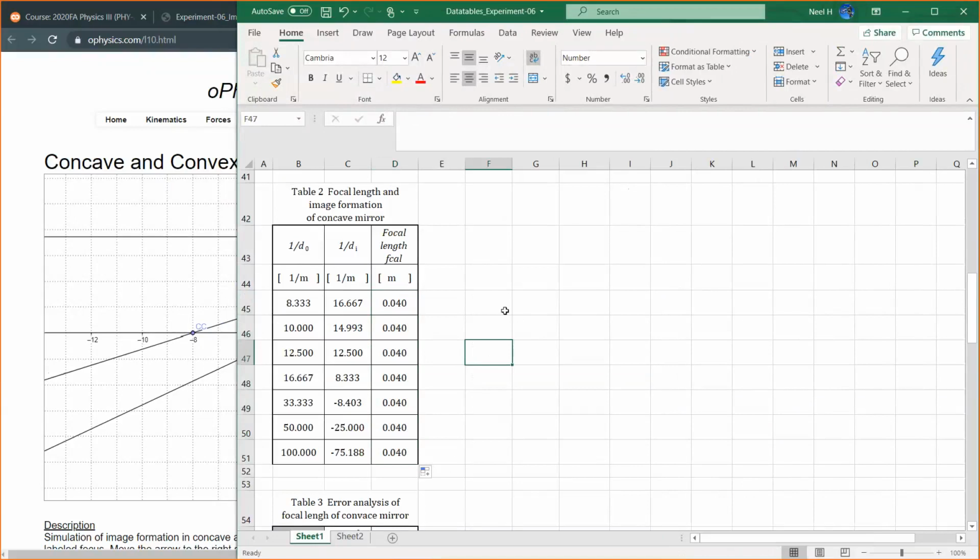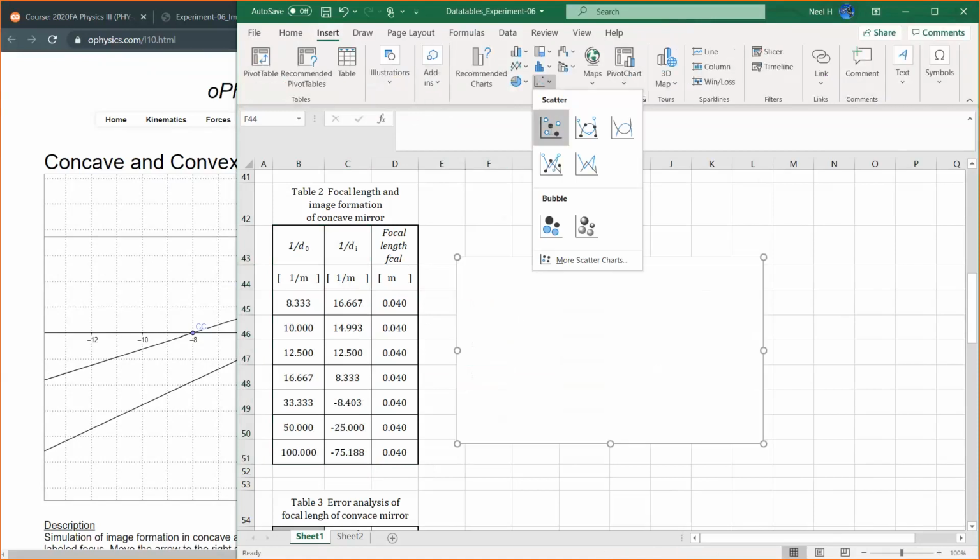Let's check this with another method, that is by making the graph. If I make a graph between 1 over d0 versus 1 over di, the intercept of the graph should be 1 over the focal point. By inverting the intercept of the graph, I can find again the focal point, okay? Let's check that.